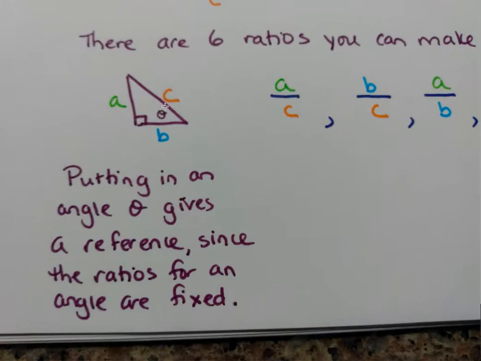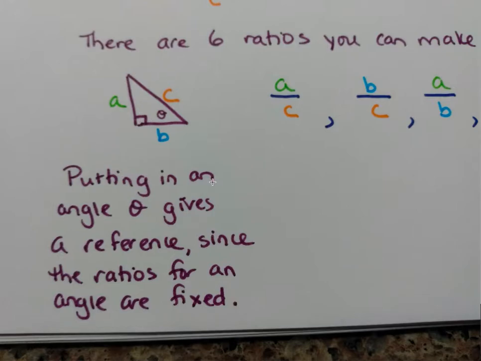Now, the reason the angle is so important is that it tells me the ratios. That gives me that perspective. It's a reference that tells me, okay, if this is the angle, here's how much it's opening. And so then we know which one of these comparisons we're doing.